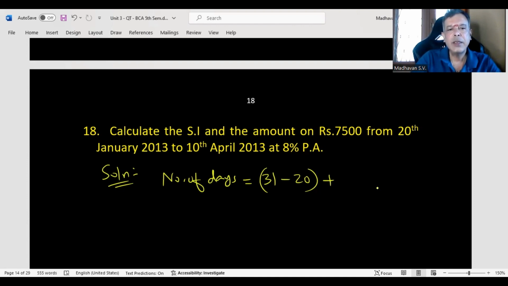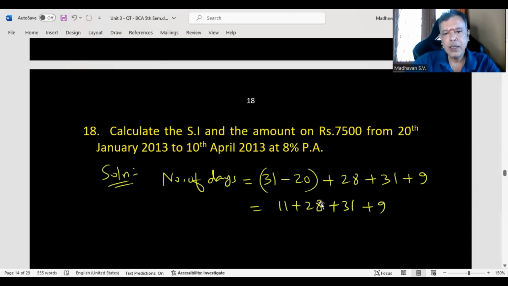Plus February, a non-leap year, so 28 days. Then March has 31 days, plus 9 days in April. So 11 plus 28 plus 31 plus 9, which gives 79 days.